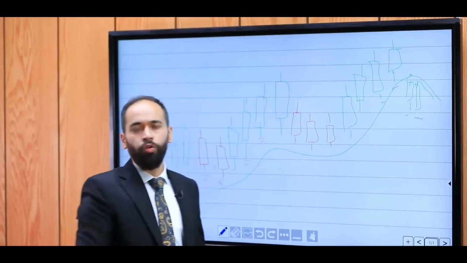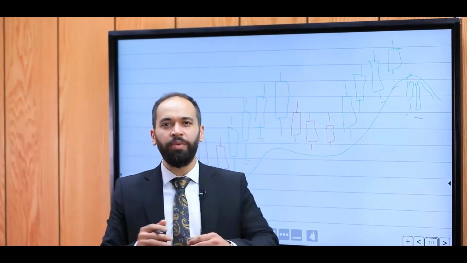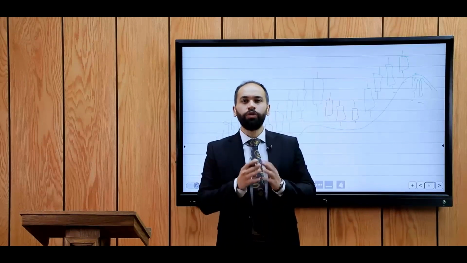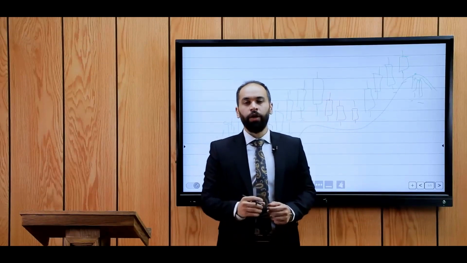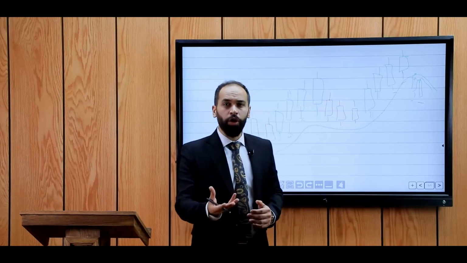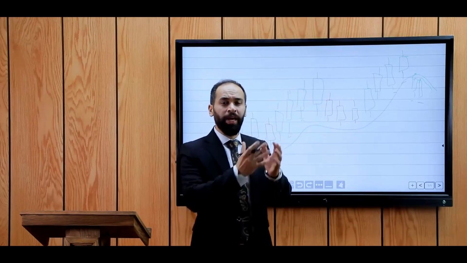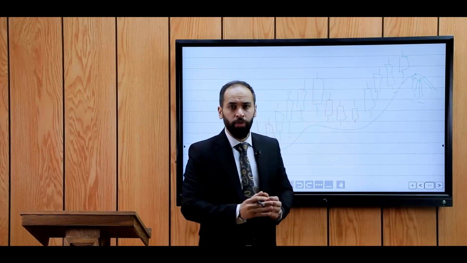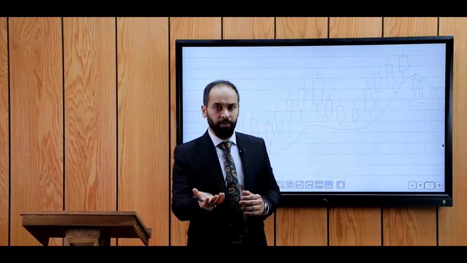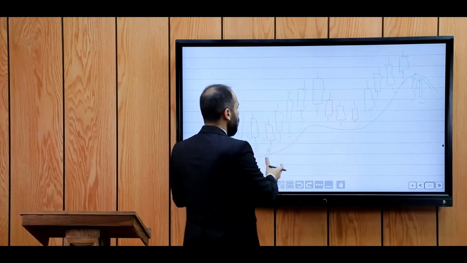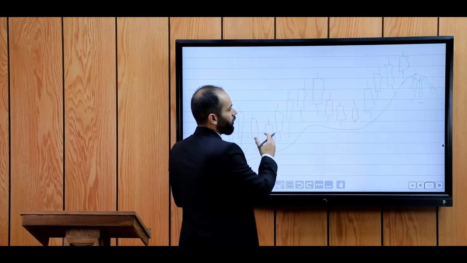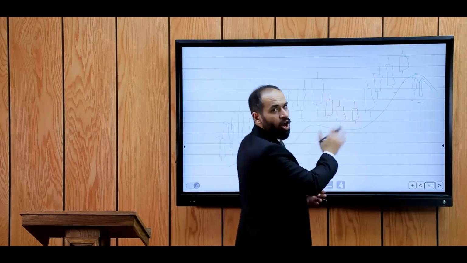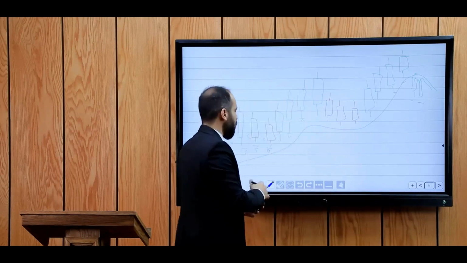It's like the university entrance exam, where each subject has a coefficient. For example, general subjects have a coefficient of 2 and specialized subjects have a coefficient of 4. It means their average has a much greater impact on your overall score. Here too, in the exponential moving average, or EMA, the last candles have a higher coefficient.